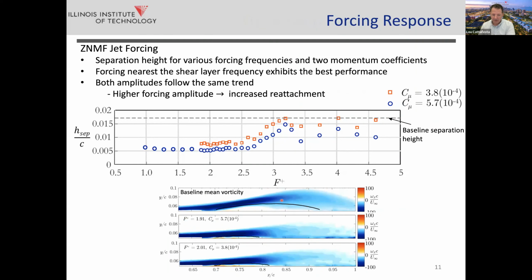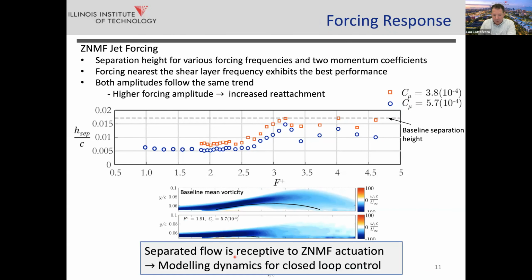The mean separation, indicated by the black line superimposed on vorticity, shows that you have this separation bubble, and it's almost eliminated, not completely, in these 2 different cases that I illustrated with instantaneous snapshots a little bit ago. So it's quite clear from this that the separated flow is receptive to the forcing.